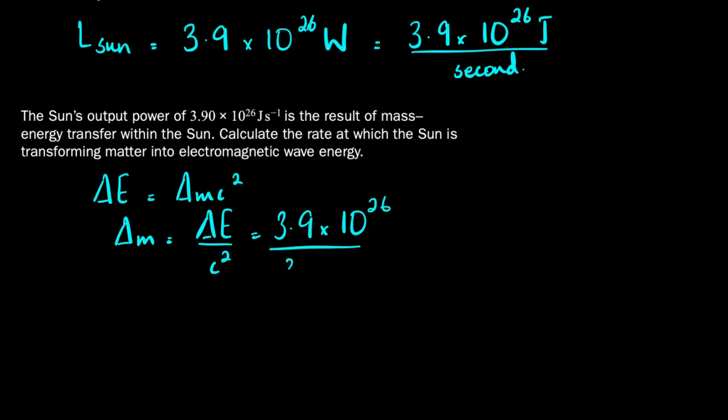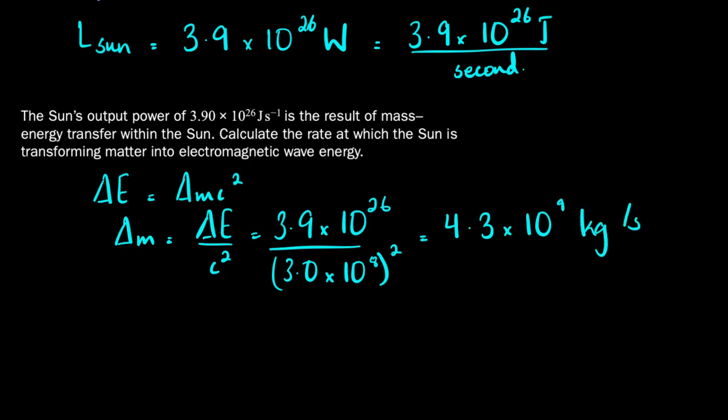C is the speed of light, so 3.0 times 10 to the 8, squared. So this turns out to be 4.3 times 10 to the 9, and the units will be kilograms per second, right? Because this was the energy released in 1 second, so this is the mass transformed in 1 second. This is also a question that was asked in a very recent past paper related to this topic.